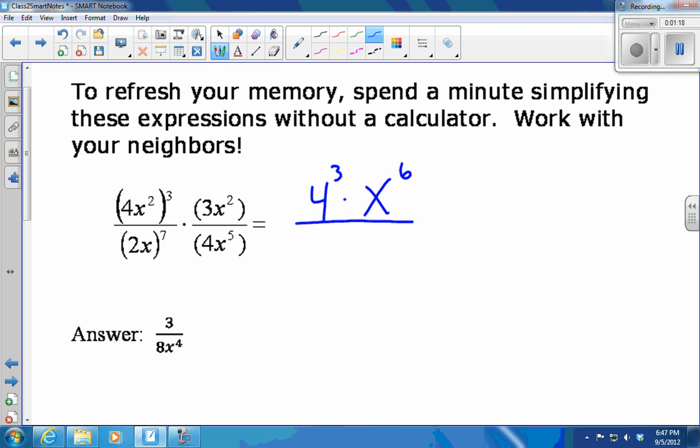And then my denominator is going to be 2 to the 7th times x to the 7th. So it's 2 times x. You have to raise both things to the 7th power. All right, and then 3x squared, there's nothing to be done there. And 4x to the 5th, also nothing to be done.